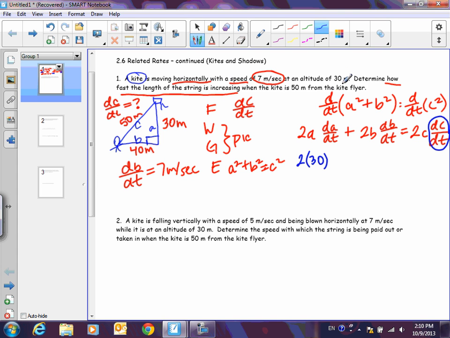Do they say anything about your altitude changing? If they say your altitude is this, and they don't say anything about it changing after that, then your dA over dt is 0, because this 30 meters is not changing in this problem.